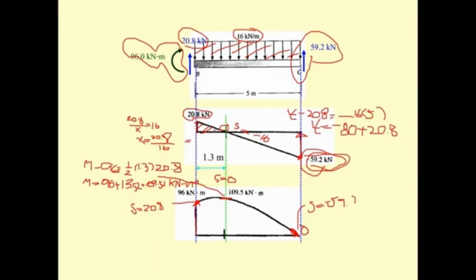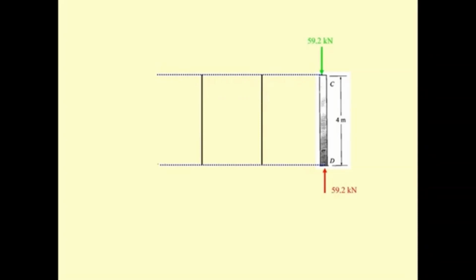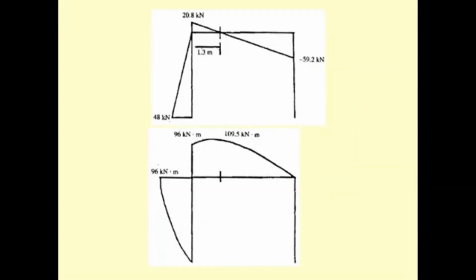You may see every point has its own slope, whatever value they are. Okay, and finally we have the column ACD, and this column has only axial force, so the shear is 0 and the moment is 0. And that is for the first example for drawing the shear diagram and the moment diagram of the frame.